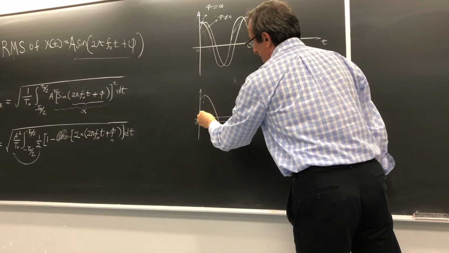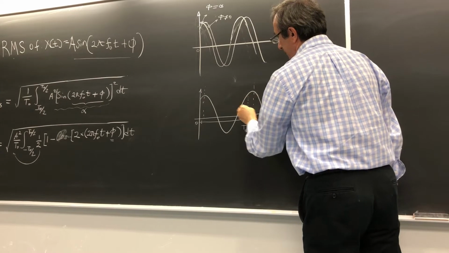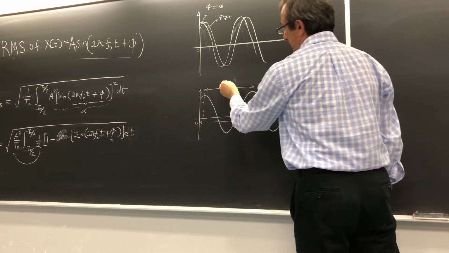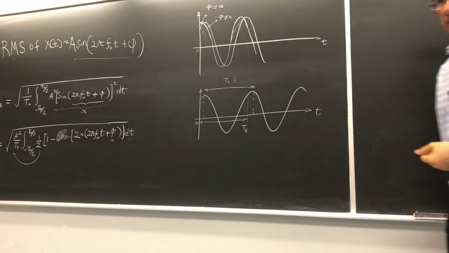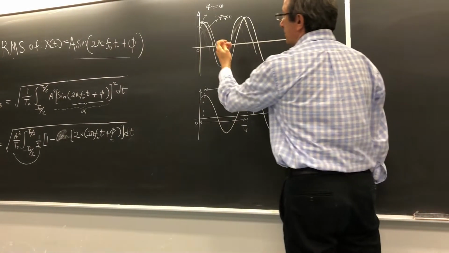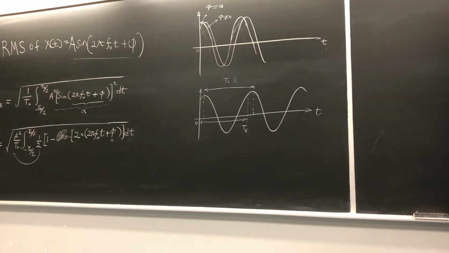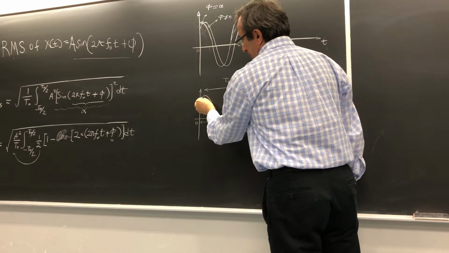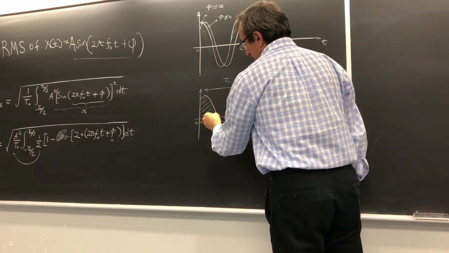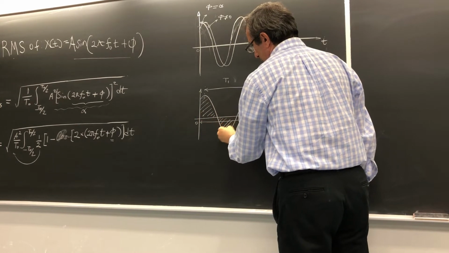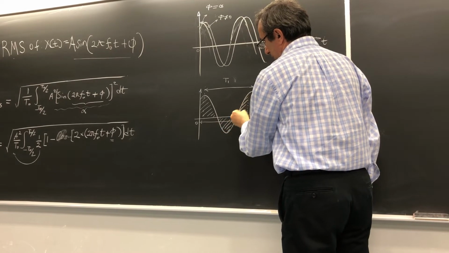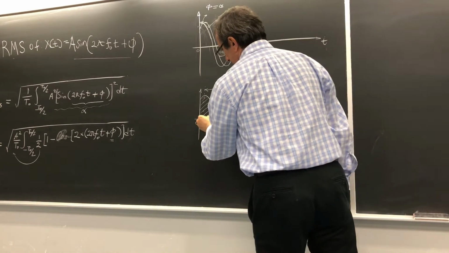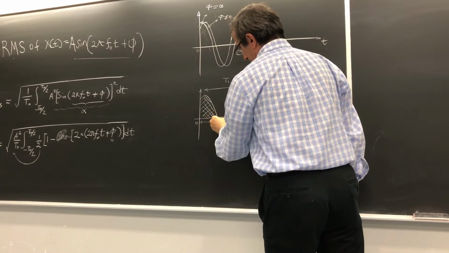Or would it be okay if I start from one peak and go to the next peak? This is also the same. So the time shift or the phase shift, if it is constant, doesn't change the area under the curve over a single cycle. So it's either this or this one.